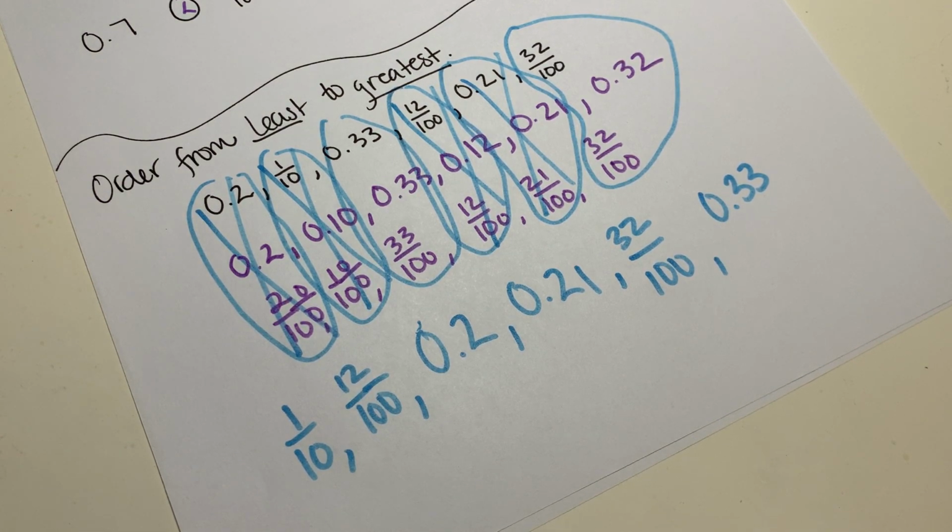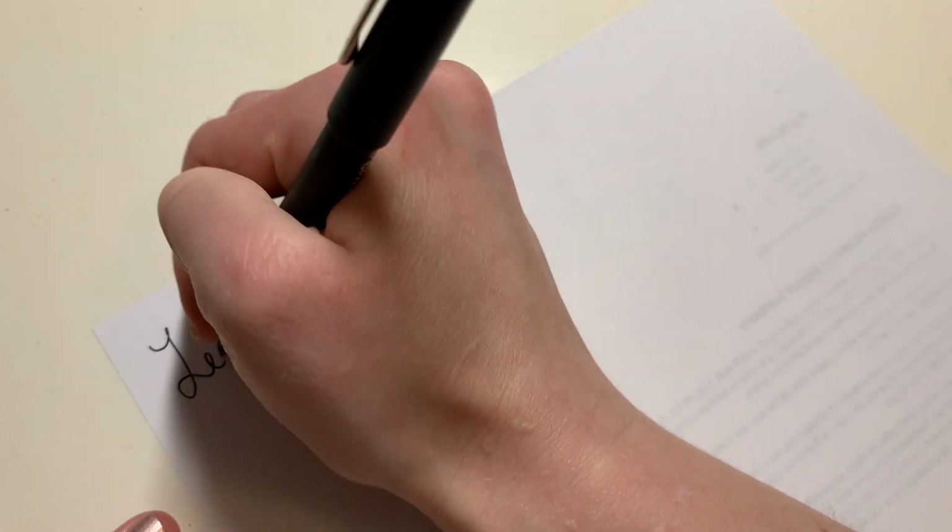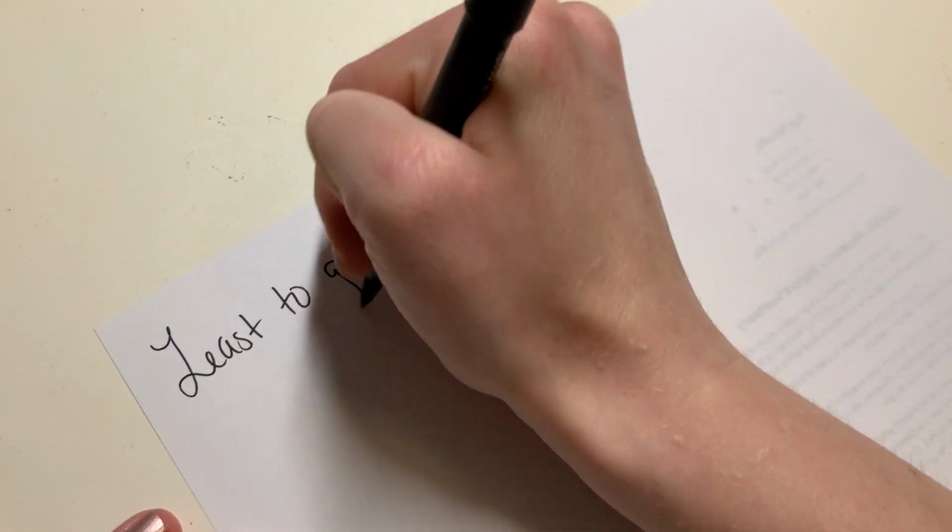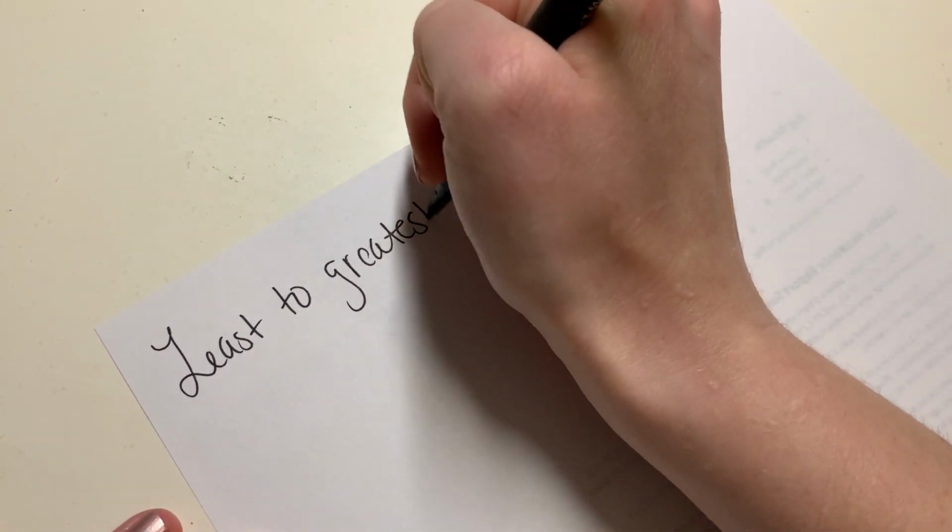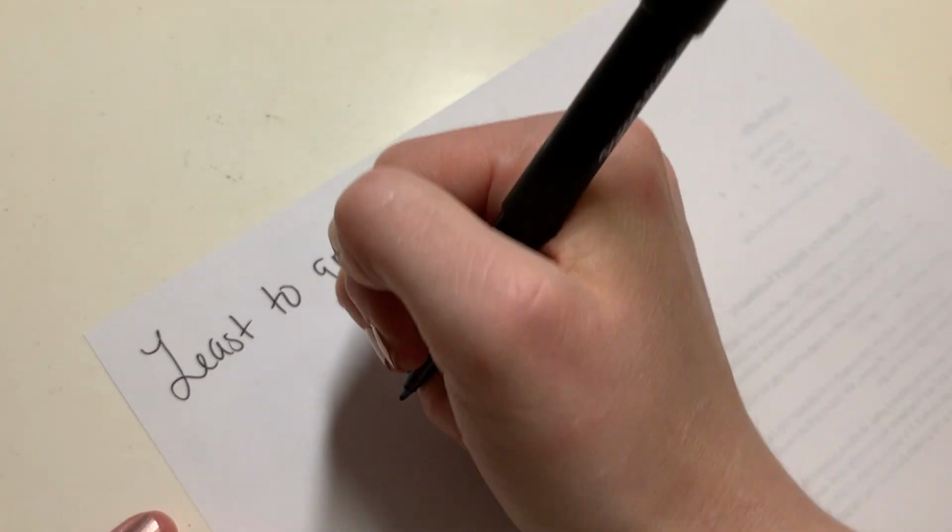All right, let's go ahead and have you try one on your own now. So you are going to organize these from least to greatest. And here are your numbers.